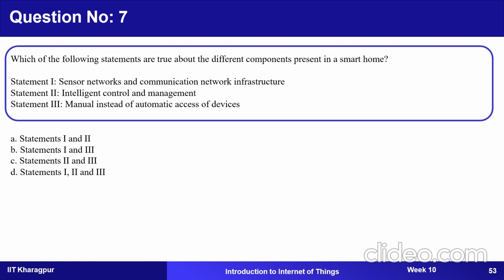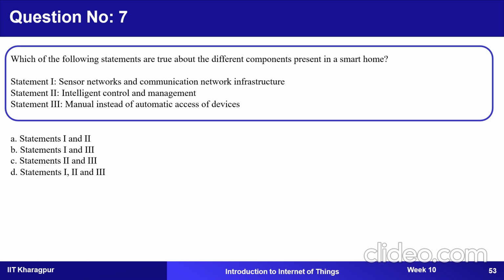Next question is, which of the following statements are true about different components present in smart home? Statement 1 is sensor networks and communication network infrastructure. Statement 2 is intelligent control and management. And third is manual instead of automatic access of devices.